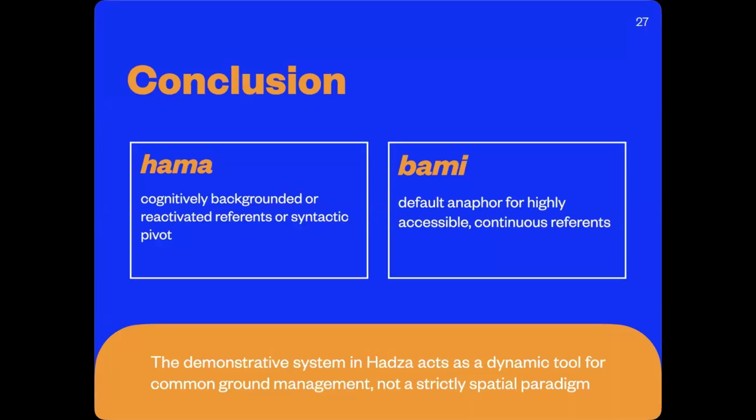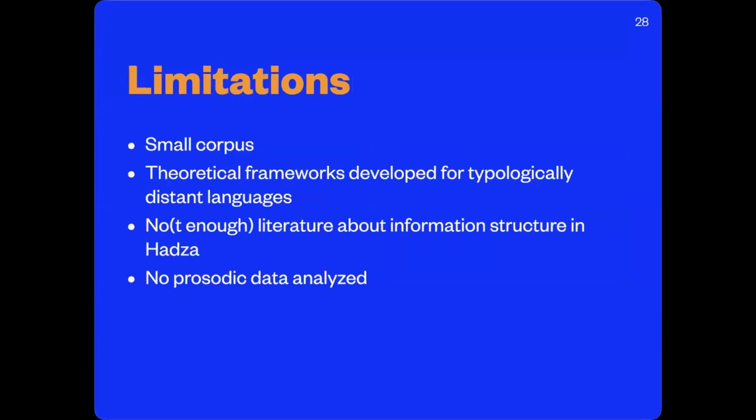Overall, the Hadza demonstrative system acts as a dynamic tool for common ground management and not as a strictly spatial paradigm. And this conclusion is compatible with what I found based on the available data, which brings me to the limitations of this work.